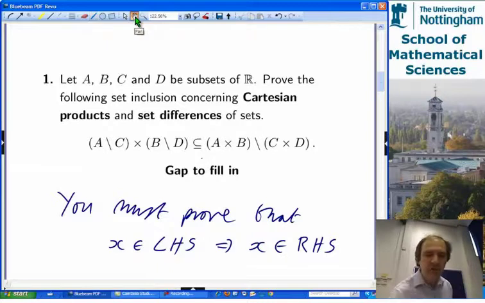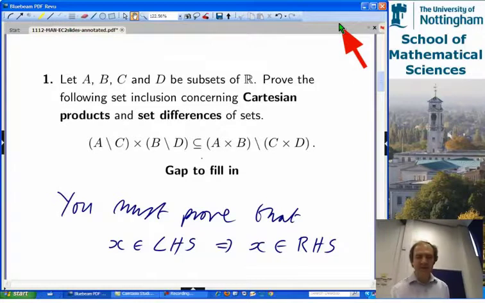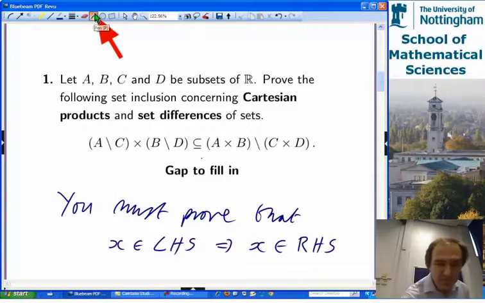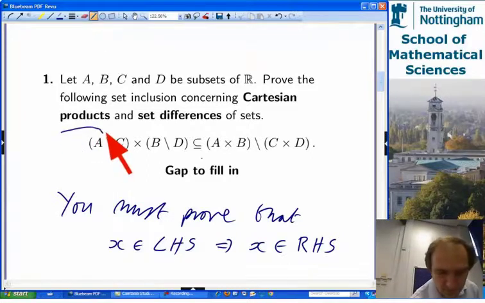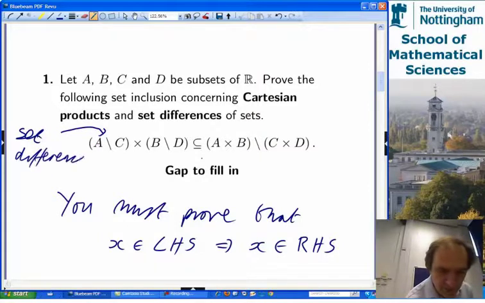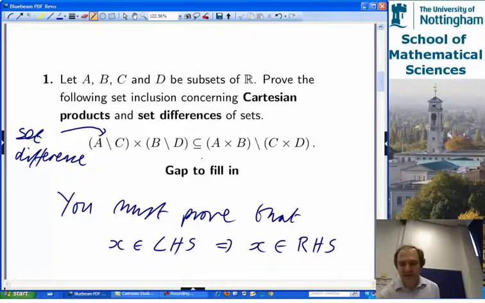But of course it's full of symbols, so you have to know what all the symbols mean. We've got set difference. The backslash there is set difference. And the times is nothing to do with multiplication of real numbers. It's the Cartesian product.